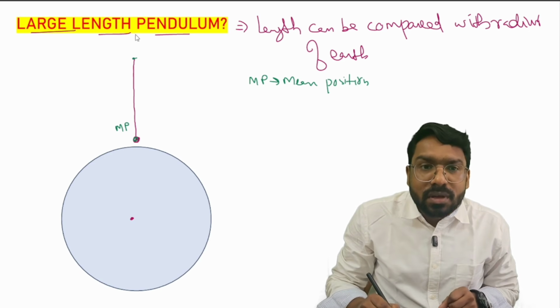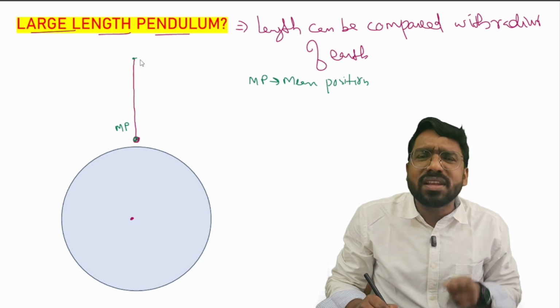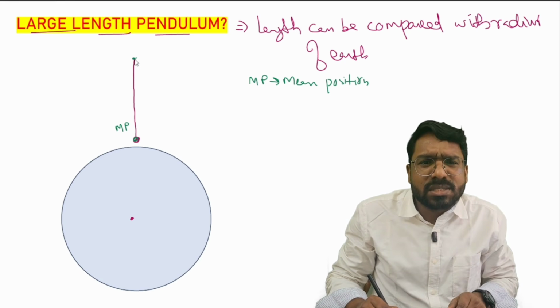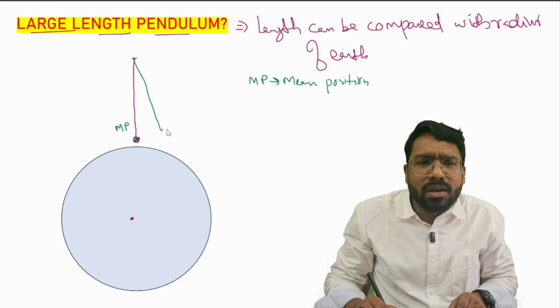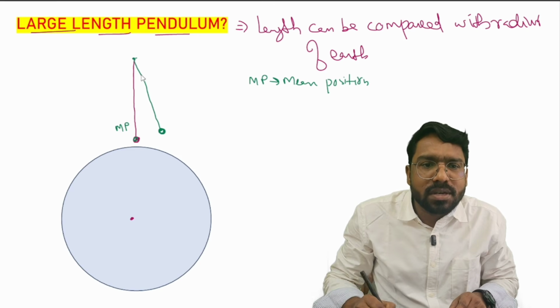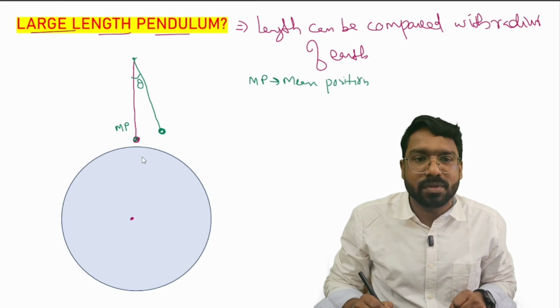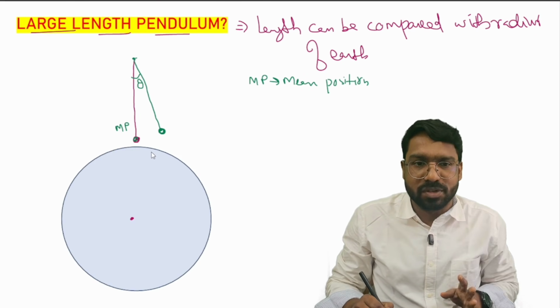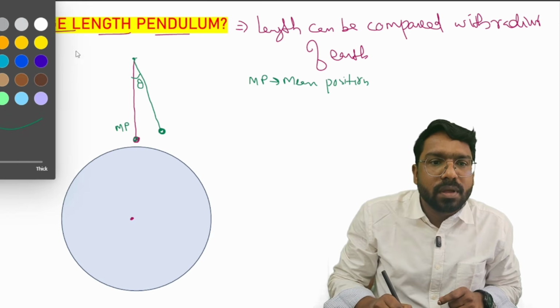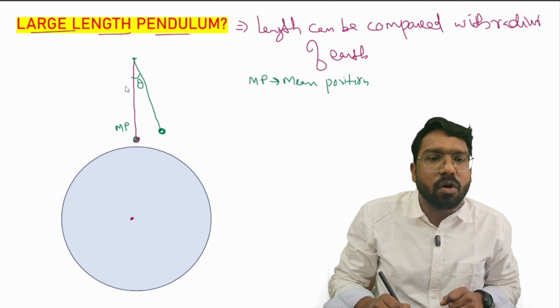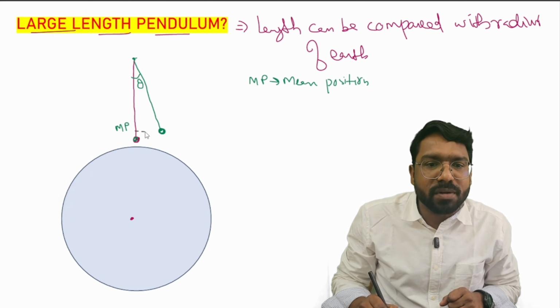The pendulum is slightly displaced on either side with a small angular displacement theta, which is very small. So the pendulum gets a linear displacement of x from the mean position.